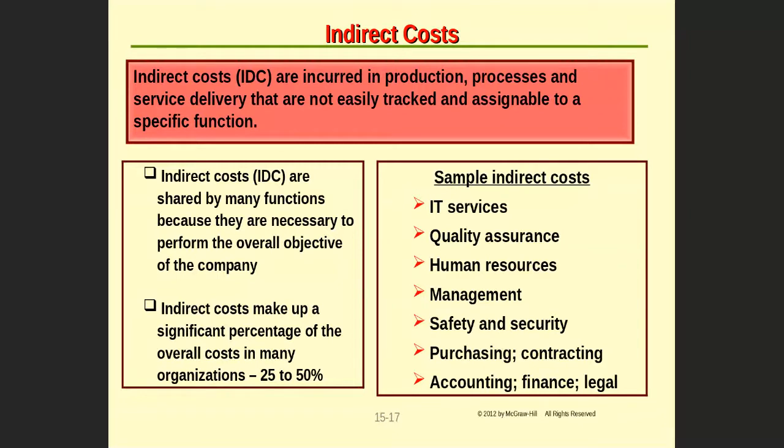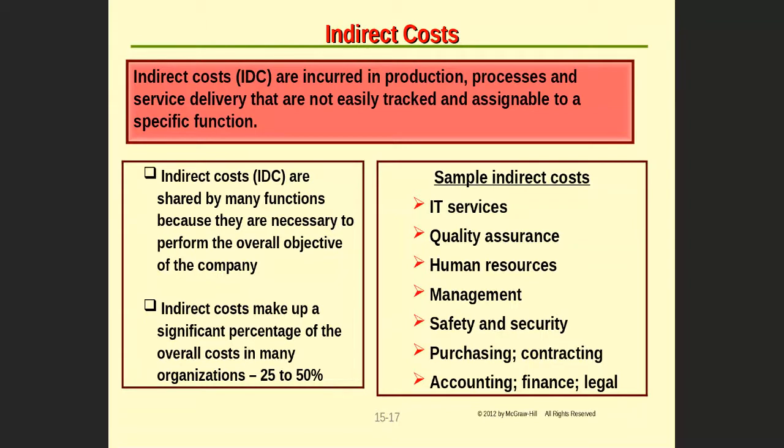Today we will talk about part 2 of chapter 15, cost estimation. We will cover today the second type of costing methods, which is the indirect cost methods.